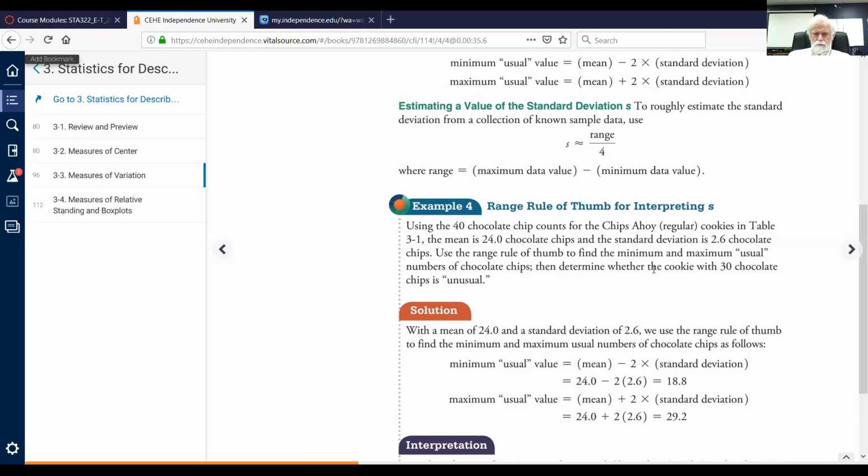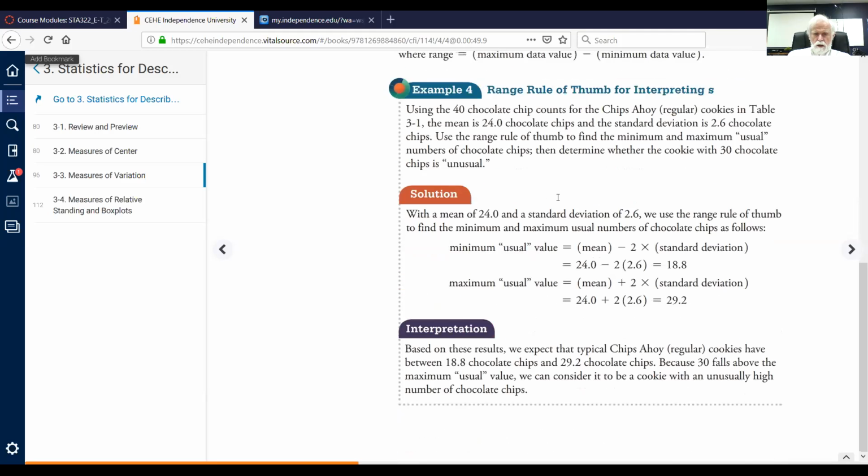Okay, so the minimum is the mean minus 2 standard deviations, so that's the range here. The minimum of that is the mean minus 2 standard deviations, or 24 minus 5.2. So we get 18.8.